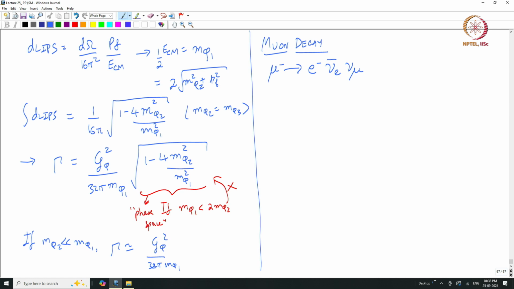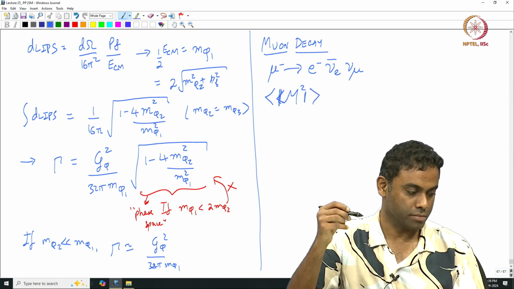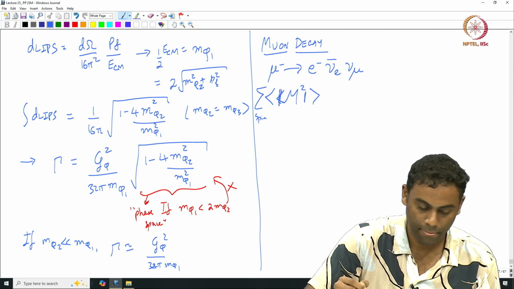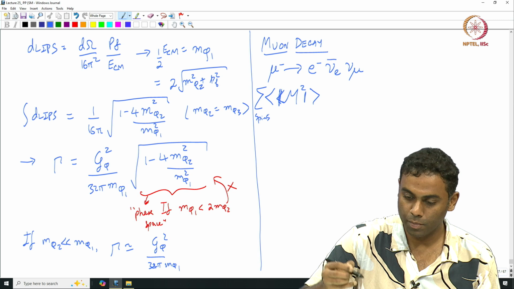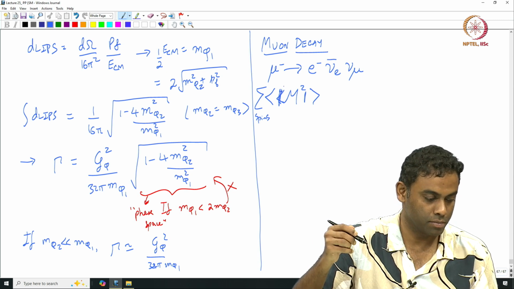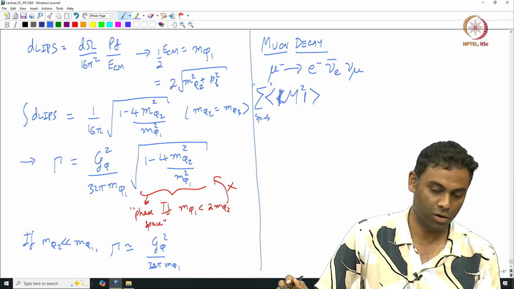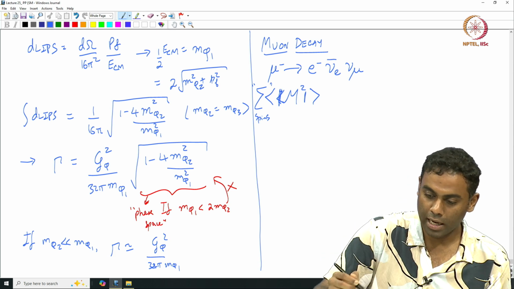So that bit of detail is when you write the squared amplitude, okay, you have to be a bit careful about the spins of the states that you are considering. Okay, so people call this "summing over the spins." All right, but I've also done an average, right?